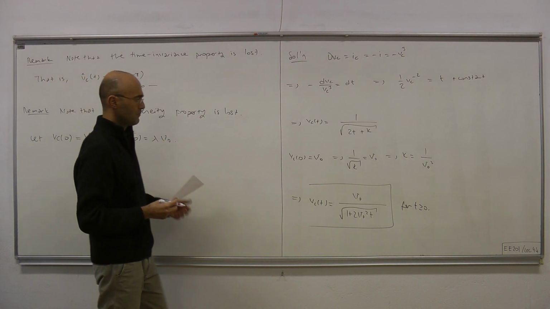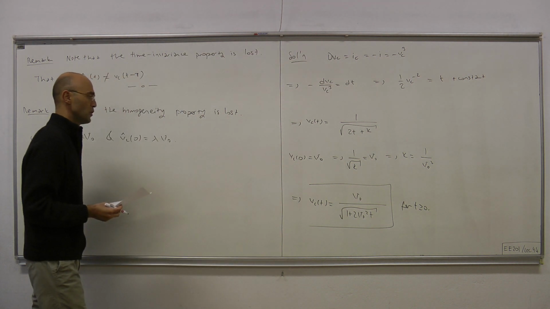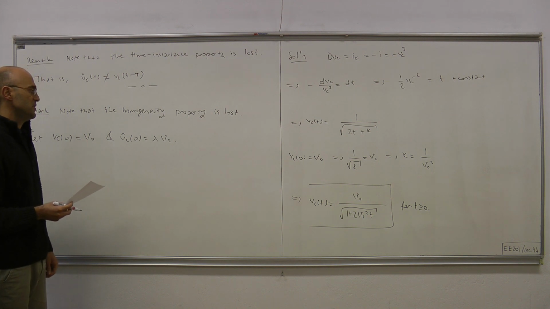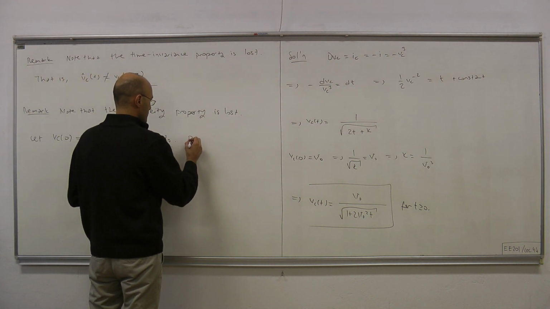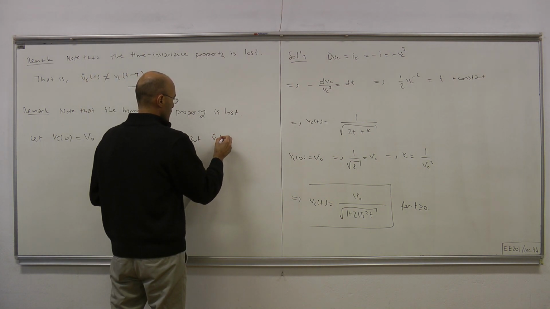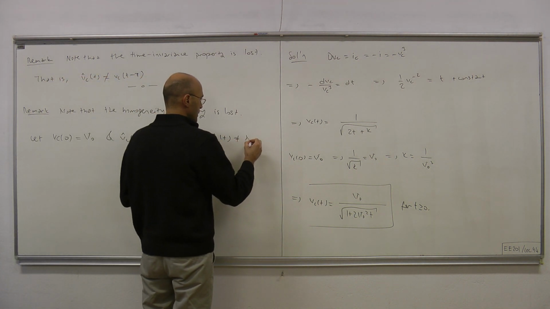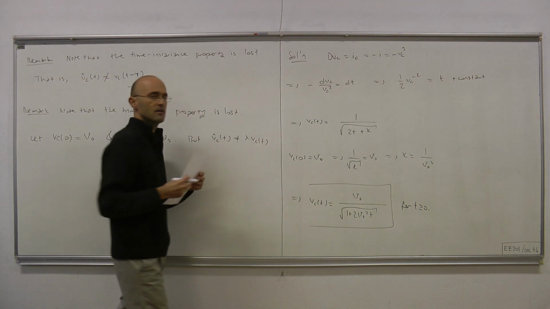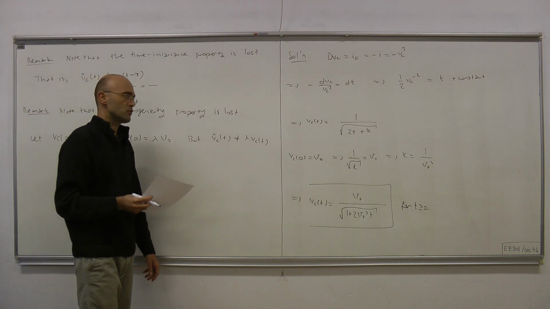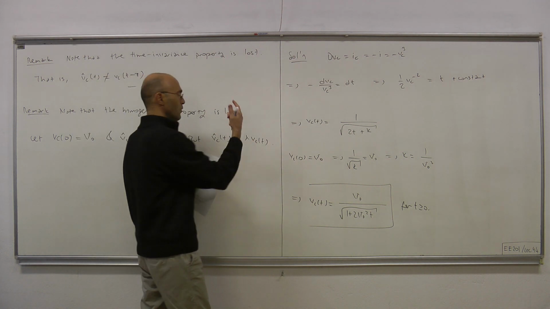Then in that case, by simply plugging in lambda V0 instead of V0 here, you can obtain VC hat of t, and then you can compare VC t and VC hat t, and it's easy to see that VC hat of t is not equal to lambda times VC t. Okay. You would have the equality for an LTI circuit, but for a nonlinear circuit, the equality is broken, or homogeneity is broken.